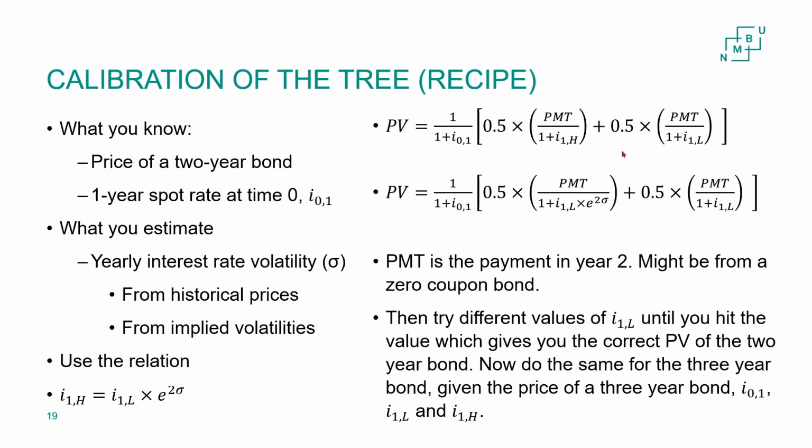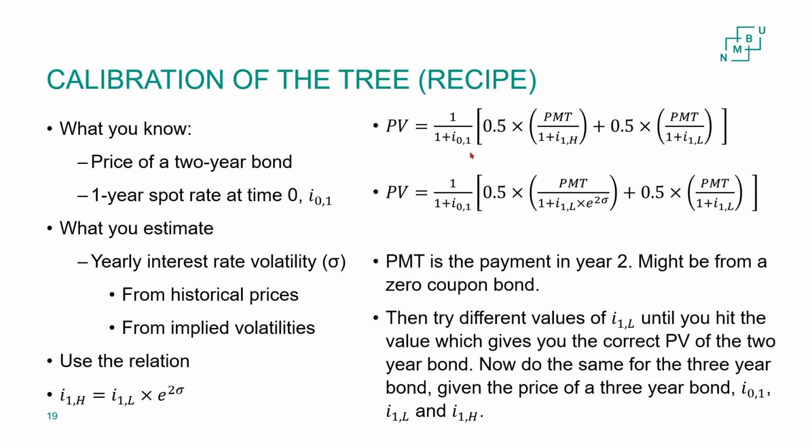And you also take the probability weighted present value at time 1 of the payment for a down move, okay? So in order to get the present value at time 0, you have to discount it with the already known 1-year interest rate, okay?